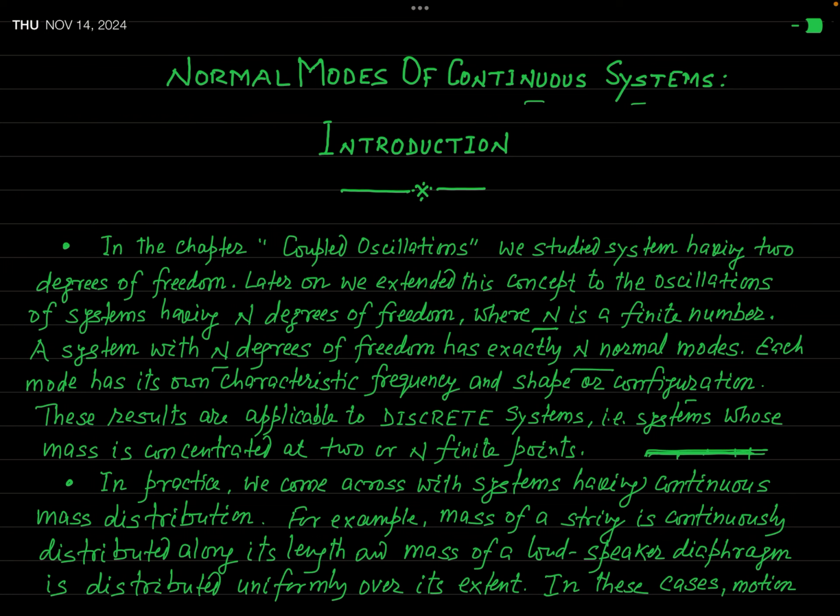So the theory which we have developed in our previous videos, that is not of great practical importance. But gathering the ideas which we have developed in our previous videos in the chapter coupled oscillations, that can be used after some modification in case of the system of continuous mass distribution. Okay? Problem will remain same.